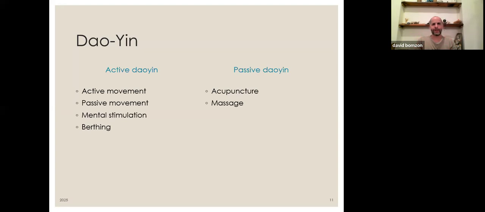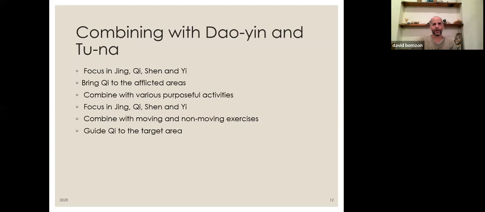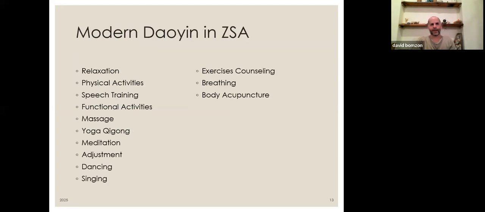That's passive doing. And a massage, a body massage, a cupping, something external that I'm doing. So you combine these two techniques together. When you do the acupuncture, you're doing the passive idea of doing. Okay. So in general, there are many types of modern Dao Yin.